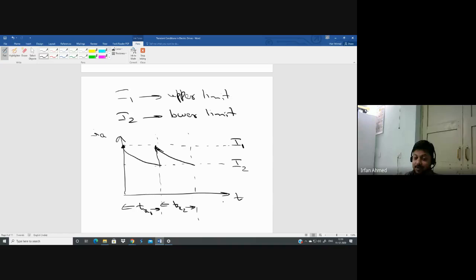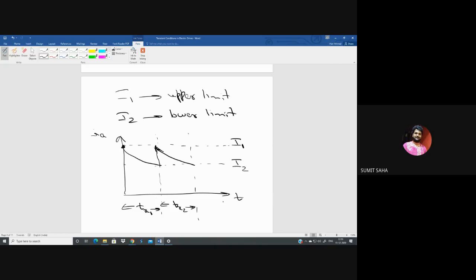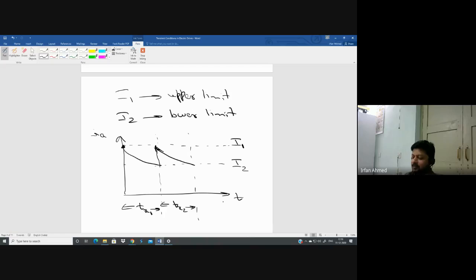I'm in the induction motor, but the class is going on DC motor. I'm just asking, if it will not harm our motor, we are giving high starting torque to our motor.